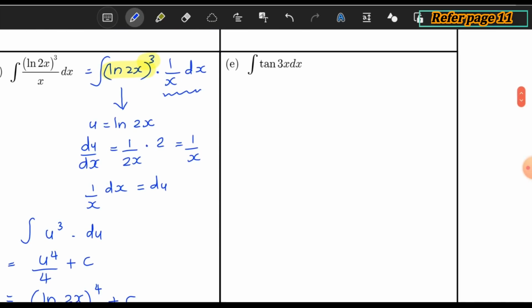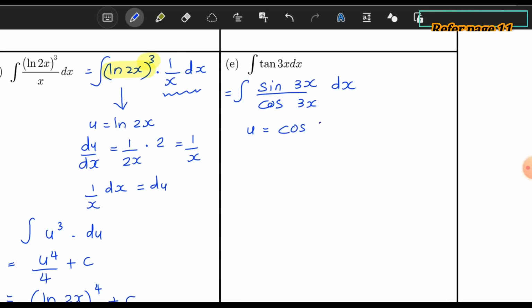And the last one, part E. Integrate tangent 3x dx can be written as integrate sine 3x over cos 3x dx. Okay, and we will use the denominator as u. u equal to cos 3x. du dx equal to negative 3 sine 3x.